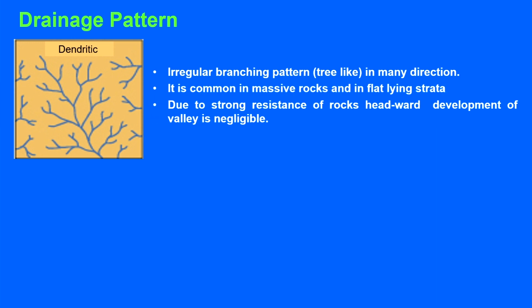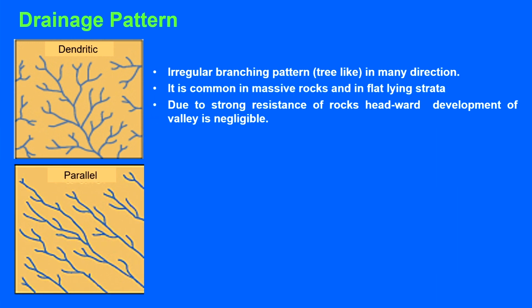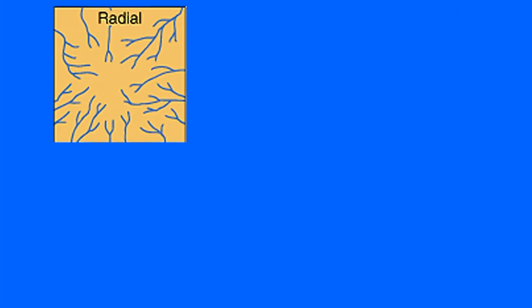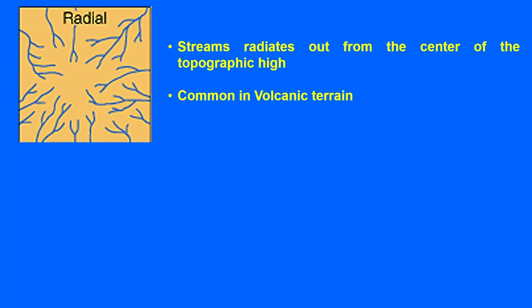Okay. So, I have already discussed this part in the previous slide. So, I will just skip this, but you can go through and try to understand and recall when you are extracting the information from the satellite data. So, the dendritic, parallel, then you are having the radial one.